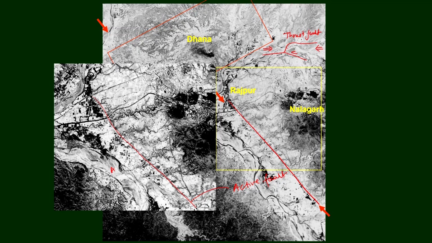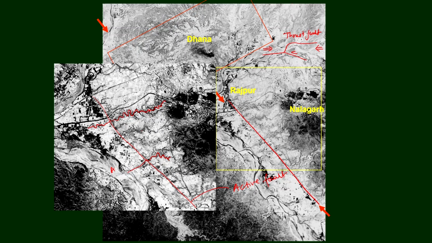This block is riding on top of this, and the drainage which is flowing across it is getting affected. If you see carefully, you see a very typical tight meander over here. As soon as the river crosses the fault, the sinuosity reduces and it becomes more or less straight. Any channel you take from here shows a very tight meander, and as soon as it crosses the fault, it becomes straight.